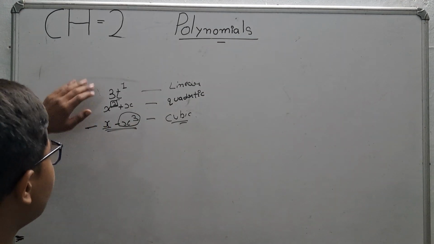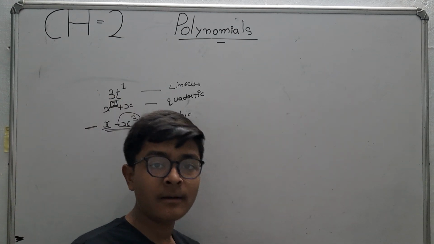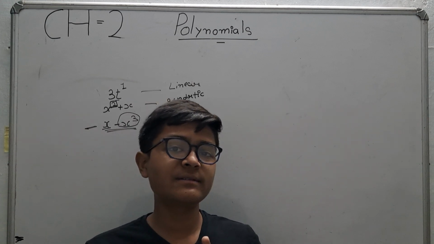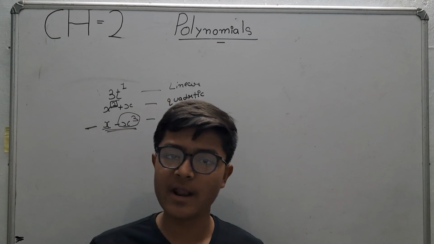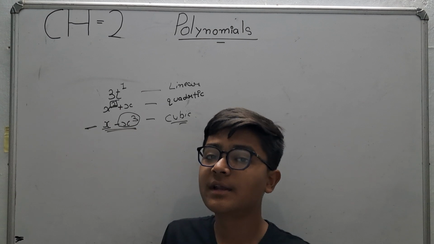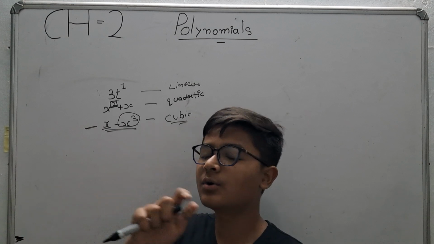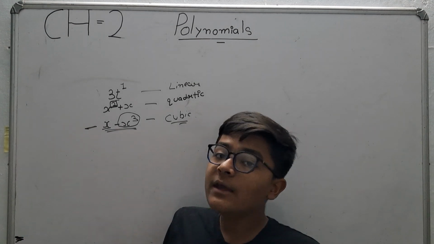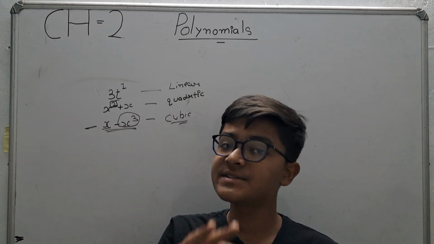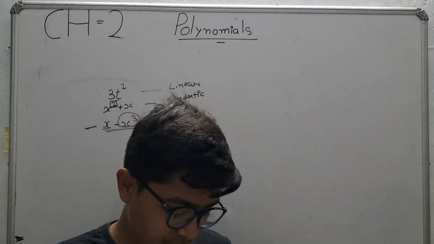I hope you all understand that if the power is 1, you will write linear. If the power is 2, you will write quadratic. It does not matter whether the power belongs to the last, first or middle term. If you find a cube, that means the power is 3, you have to write cubic. Okay, I am giving exercise 5 as homework.